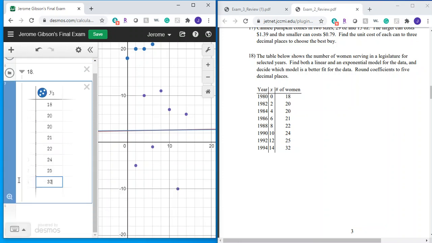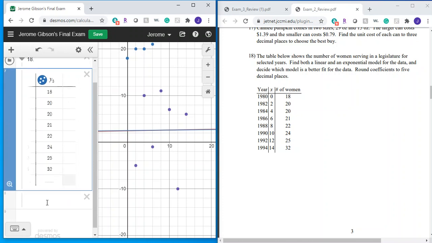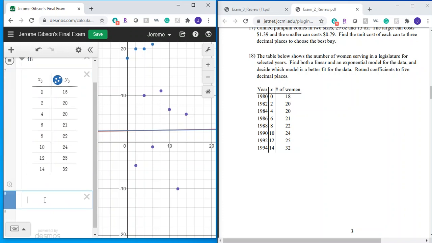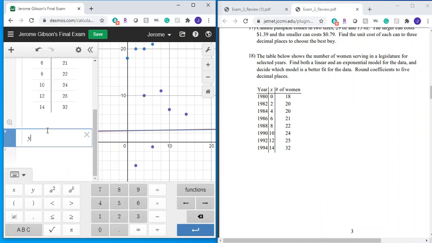Now, we can hit this magnifying glass so that we can see these points a little better. Now remember, we'll go to the next line and click behind it and press enter. So this will still continue on under this folder. So now we will have y1, and then we will have to do our tilde. Actually, it's y3, not y1. And then we will have to do our tilde.